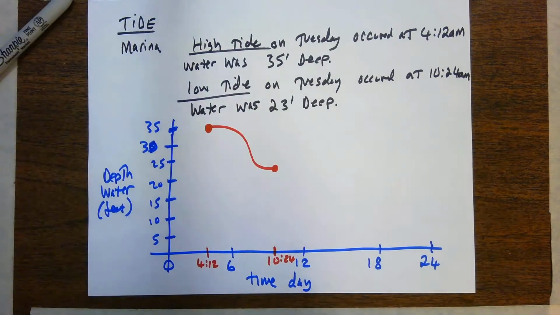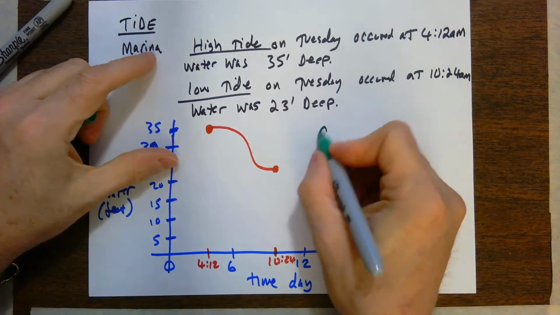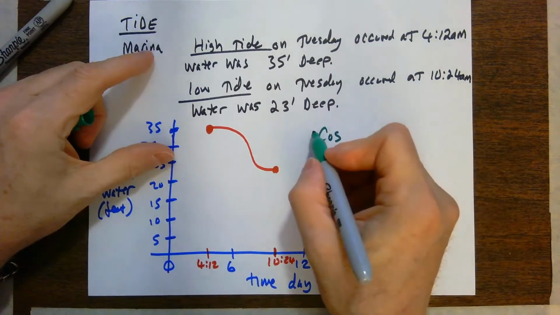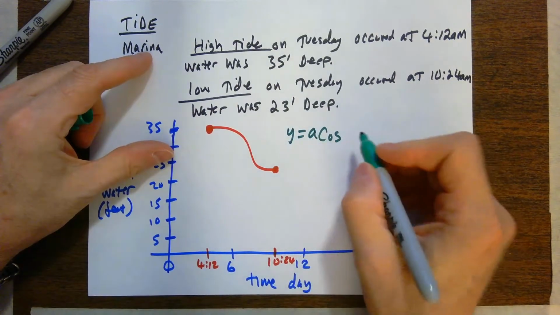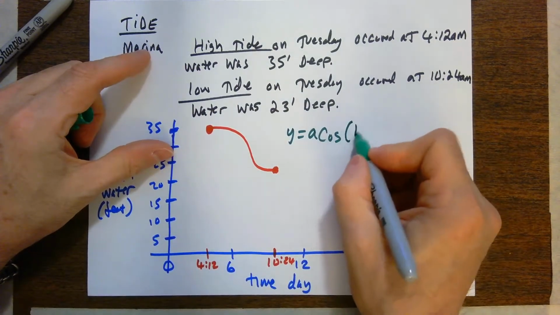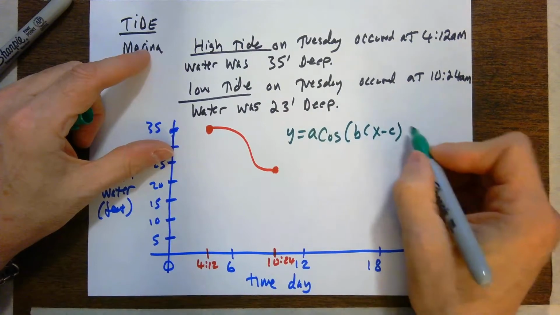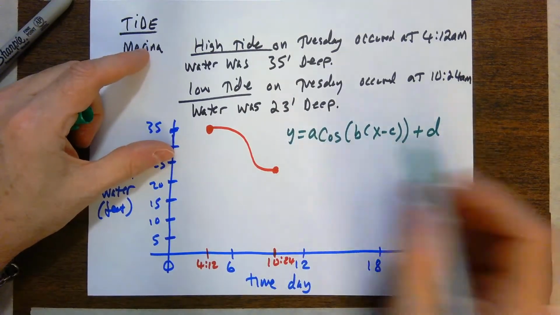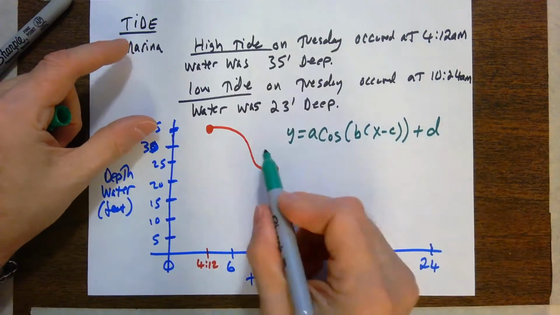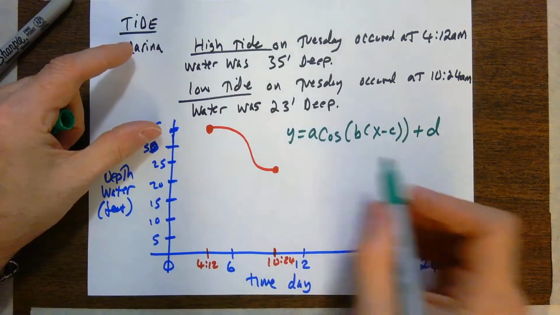So the magic formula is going to be the cosine, I need my amplitude, so y equals A times the cosine of B times (x minus C) plus D. And I need to put all of these numbers in here. And what goes in here? And do I know everything from here?